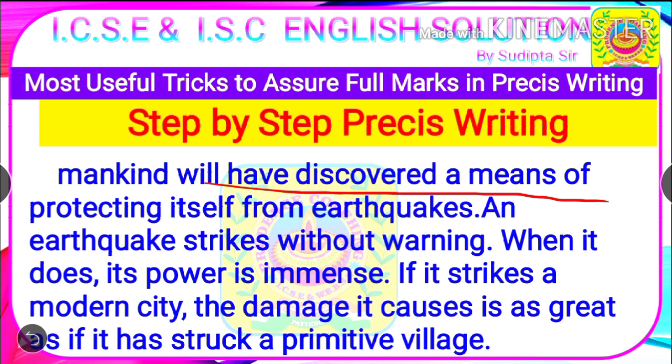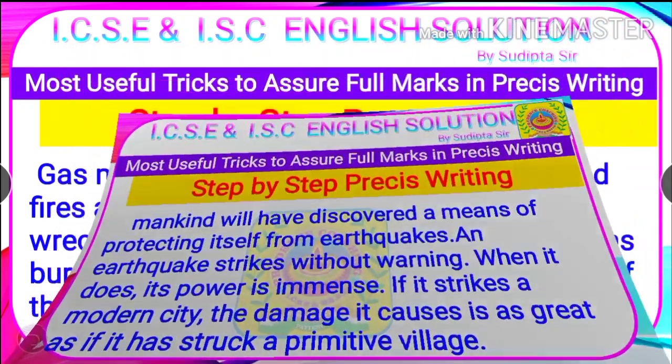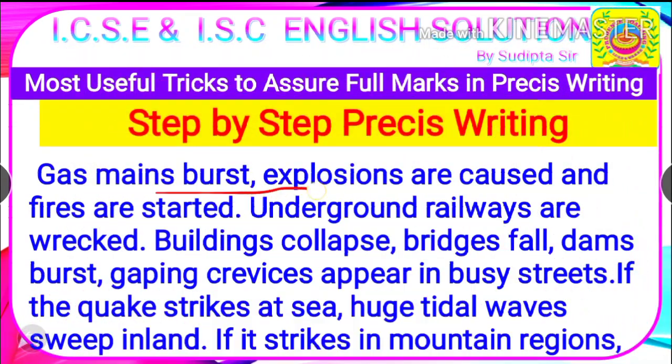An earthquake strikes without warning. When it does, its power is immense. If it strikes a modern city, the damage it causes is as great as if it had struck a primitive village. Gas mains burst, explosions are caused, and fires are started.